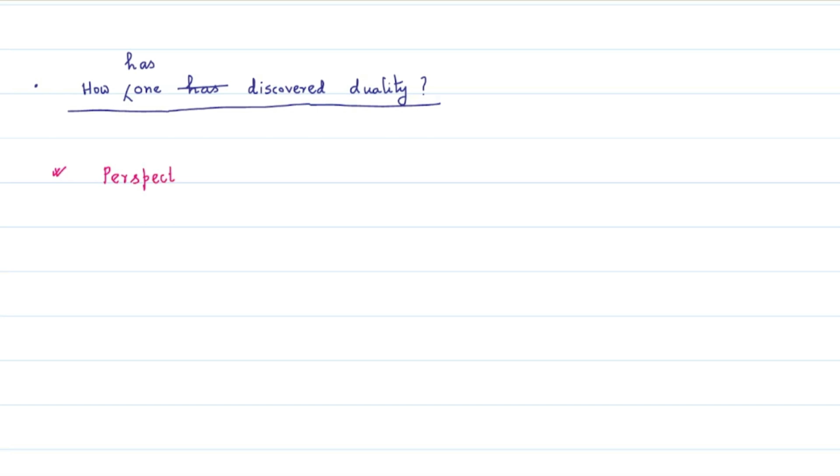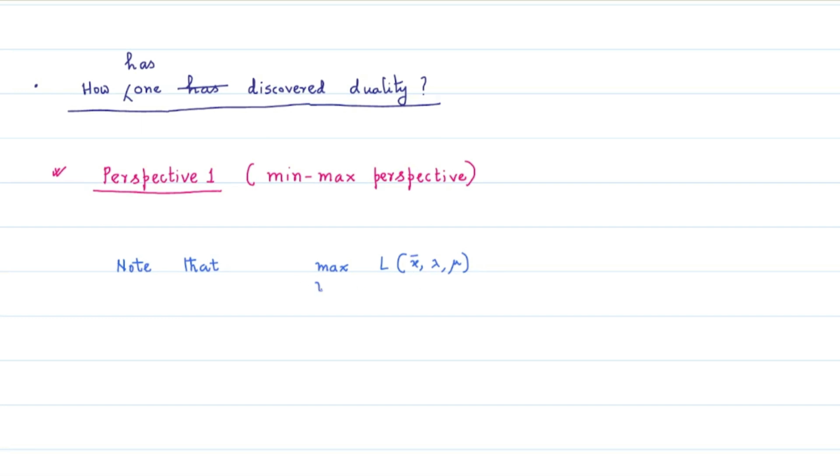The first perspective that I would like to inform you of is the min-max perspective. In the min-max perspective, we notice that we can rediscover the primal objective function from the Lagrangian function. It is as follows. We notice the maximum value of the Lagrangian function L(x, lambda, mu) corresponding to a given value of x, let us denote it by x bar, over lambda greater than or equal to 0 and mu unrestricted, is given as follows.